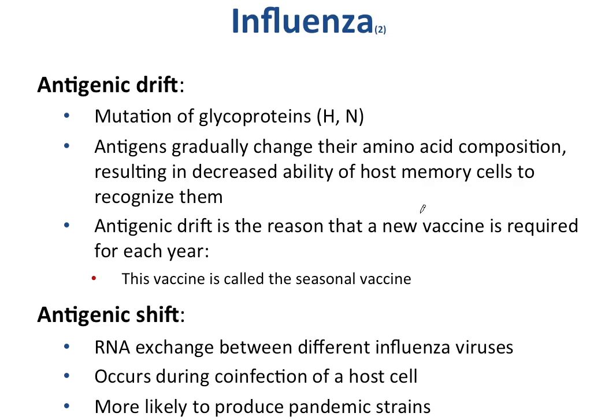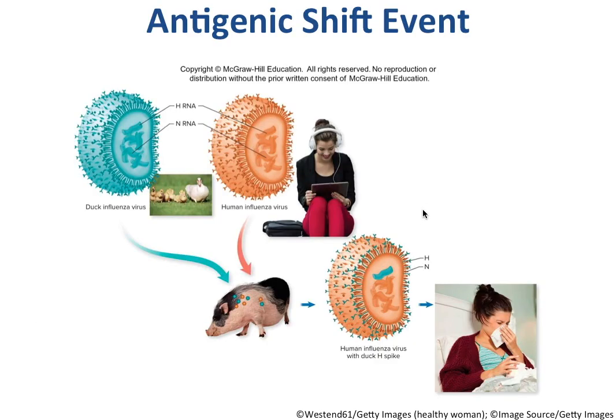Because they can exchange RNA information between different viruses. Also, this virus has different hosts, so it can change with the host. Okay, so it causes pandemic spreading. For example, the virus can infect duck, human, and pig.